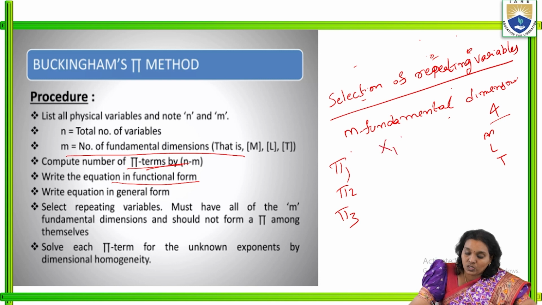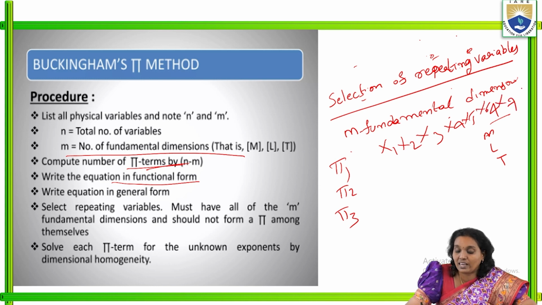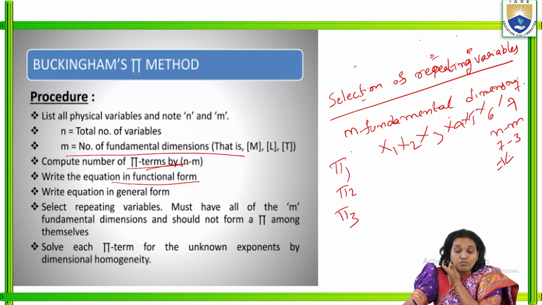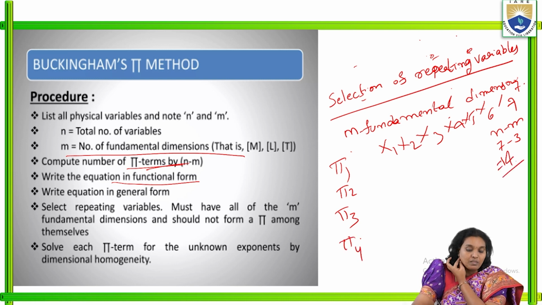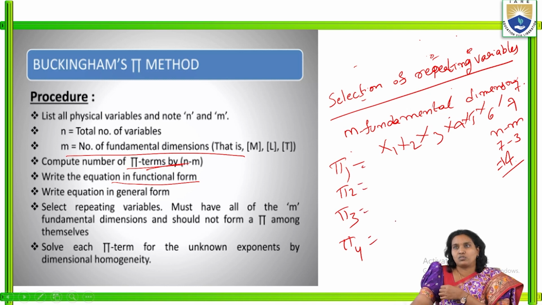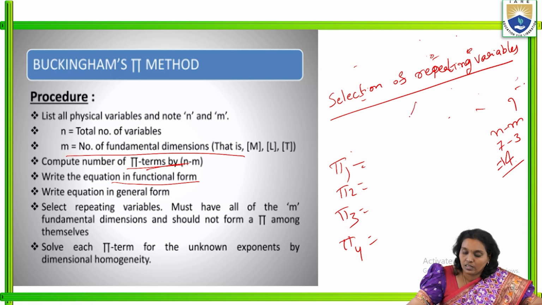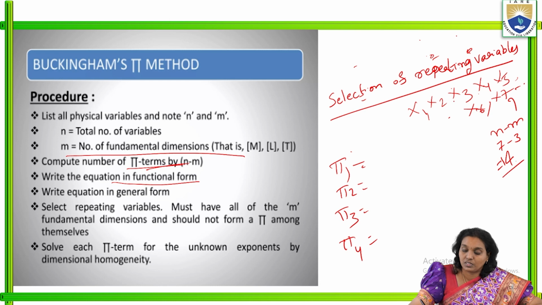For example, x1, x2, x3, x4, x5, x6, x7 variables are there in a function. So n is 7 variables, and 7 minus 3, for example with all the variables having M, L, T, gives 4 pi terms. Now pi 1, pi 2, pi 3, pi 4 terms. Now we are selecting the repeating variables. We have x1 to x7 terms, so 4 pi terms.